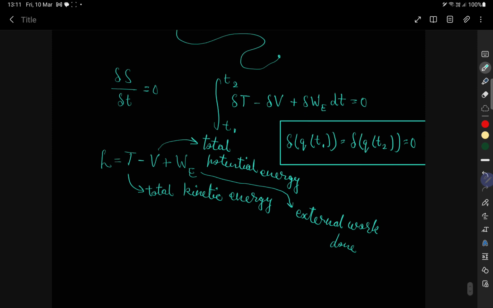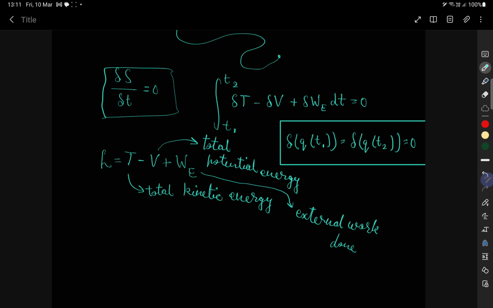Okay, now let me just explain why this Hamilton's principle comes into place. Hamilton's principle states that for any dynamic system within classical mechanics, the value of the action has to be minimized.